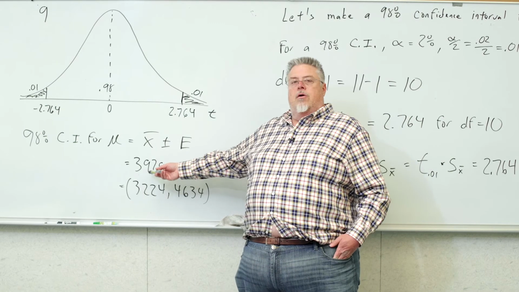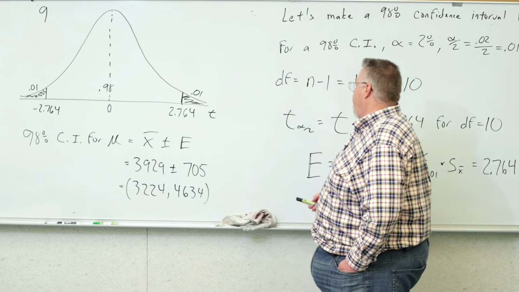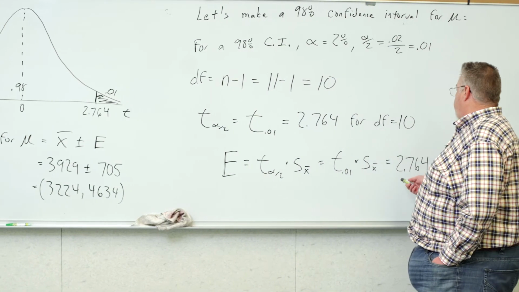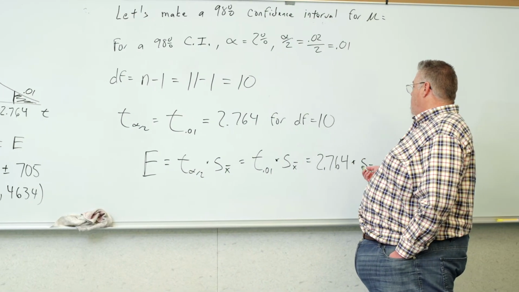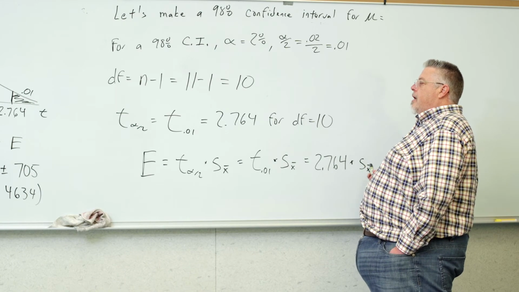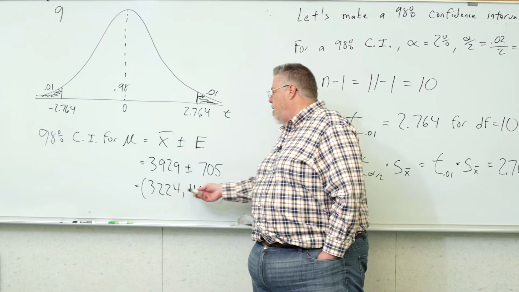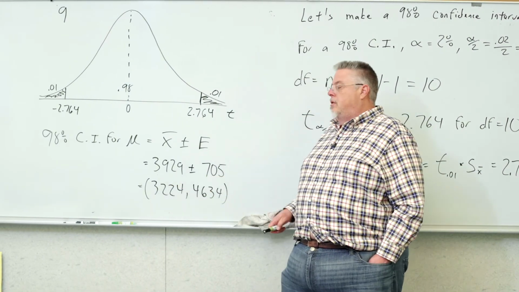So here, whatever I said x bar was. Here, whatever you calculate when you take 2.764 times the standard deviation of x bar, which again we calculated and I erased. The important thing I want to get across here, here's our confidence interval.